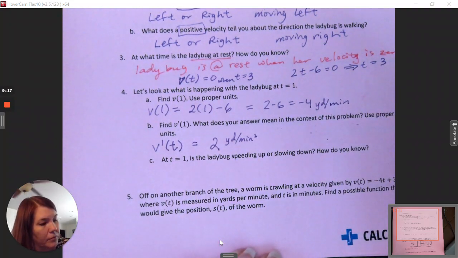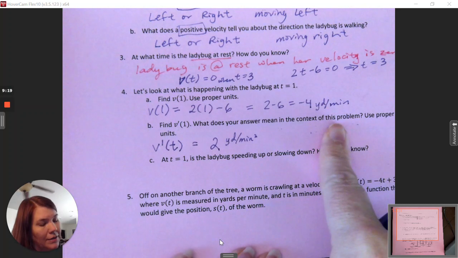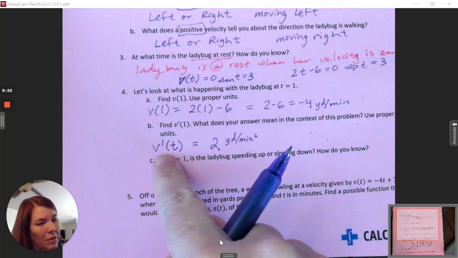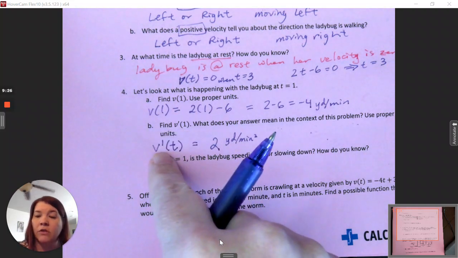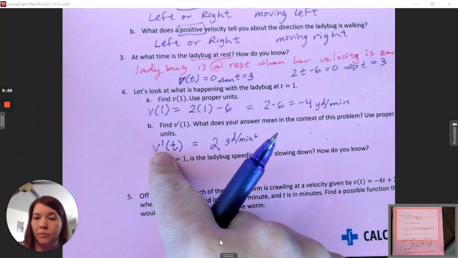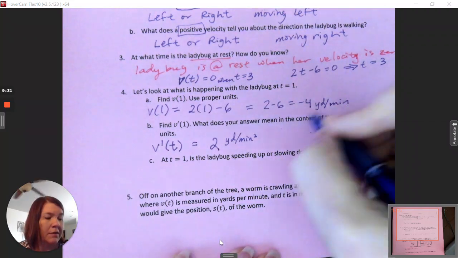Okay. In context of this problem, v prime of t, excuse me, is the rate of change of the velocity. So v prime of t is the rate of change of velocity.